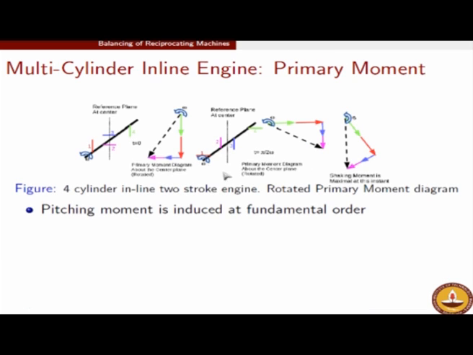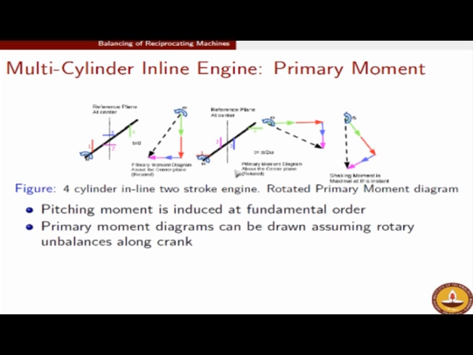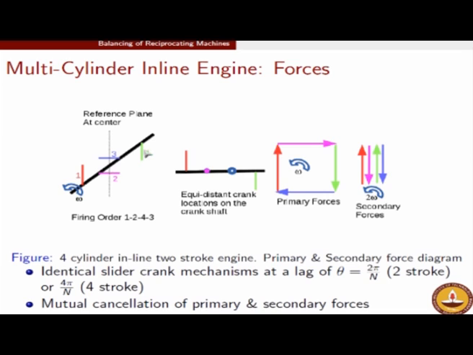You can see this in this figure. So between these 2 instants, at this instant 1 is at the top, at the next time, which is pi by 2 omega, 2 is at the top dead center. So that means 2 is firing, right? In the next instant, which is not shown, 4 will fire. In the next instant, 3 will fire. So this is what I meant by saying the orientation of these cranks will determine the firing order.